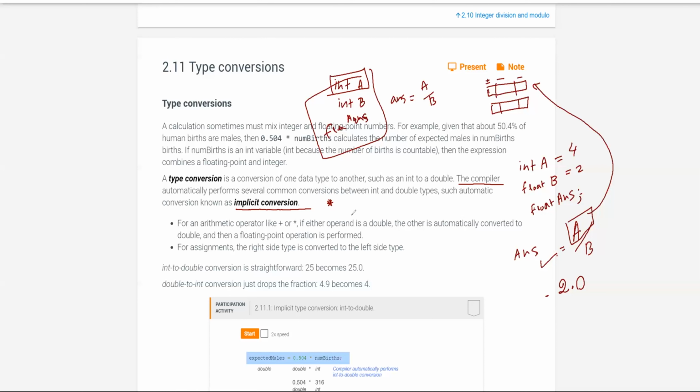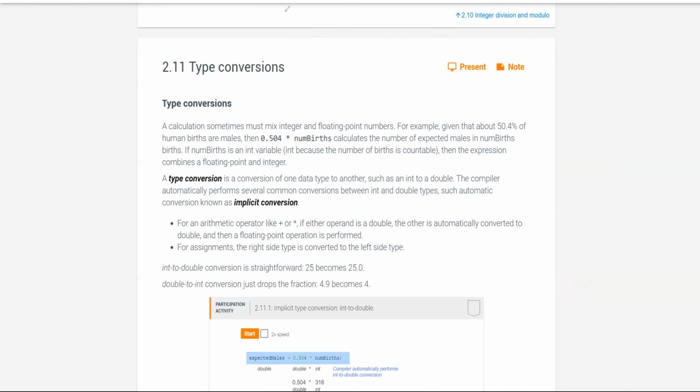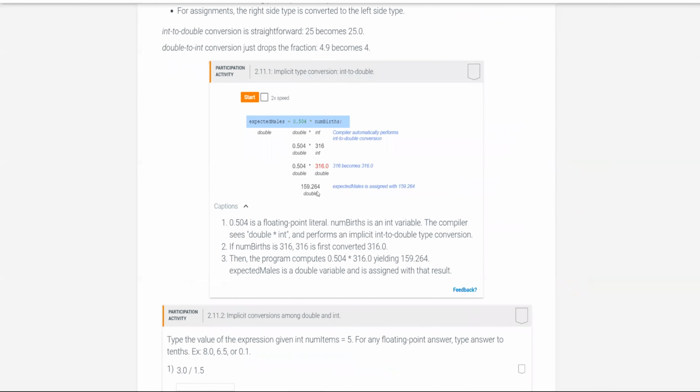So in this case, it will be done by the compiler. So there's no worry, I can use that and it will be done for you by the system. So that's what we call implicit, okay? And this is an example of it. So you can look at things, the same thing as I talked about.